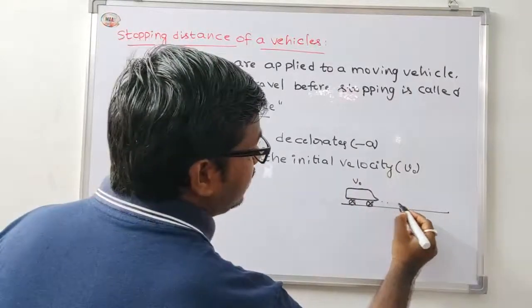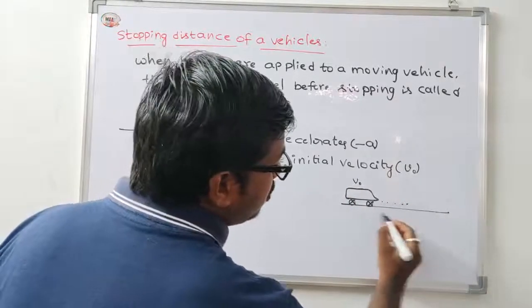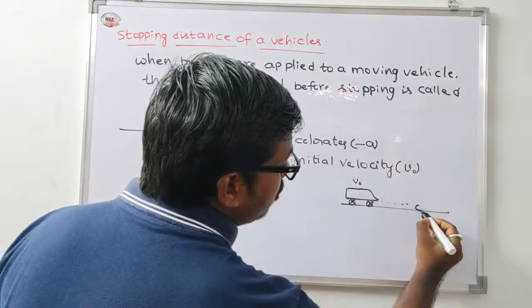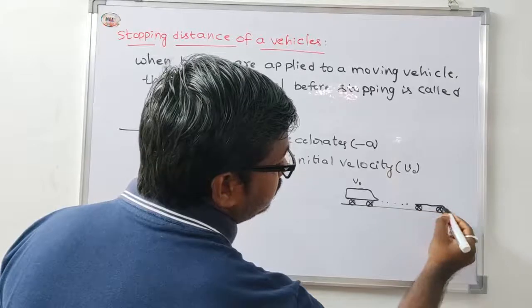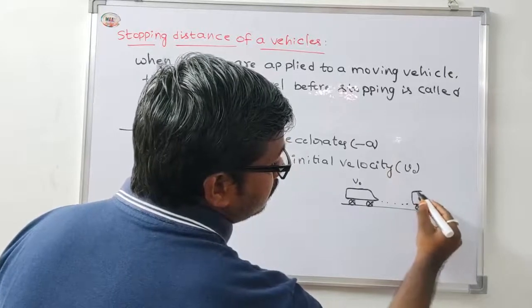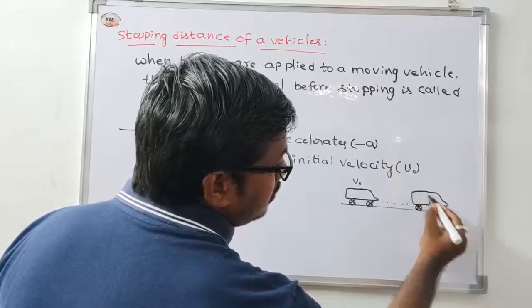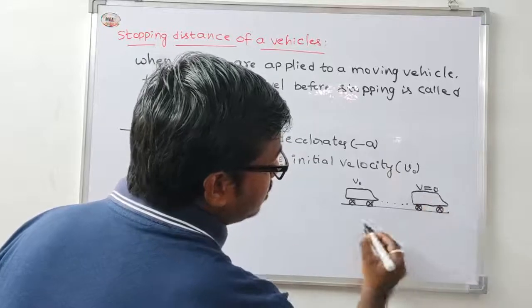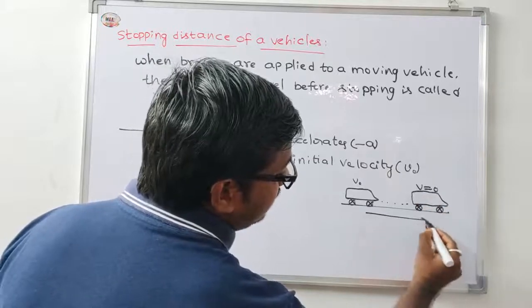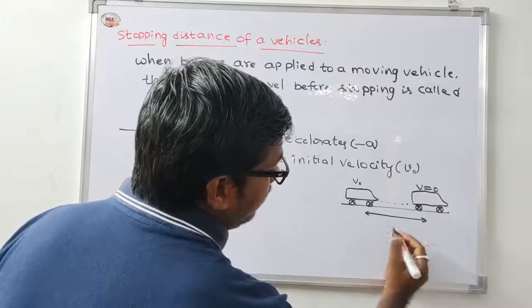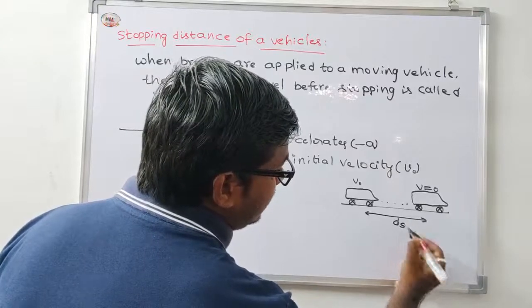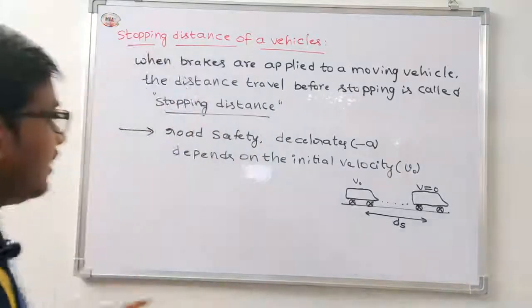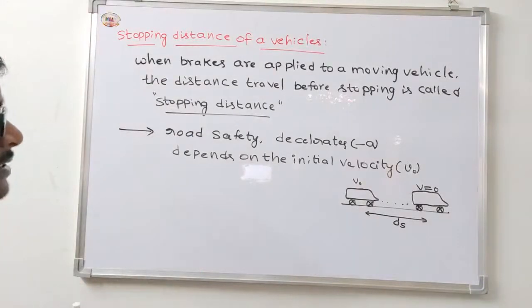After it travels, before stopping, the final velocity will be 0. This distance is the stopping distance, that is ds.